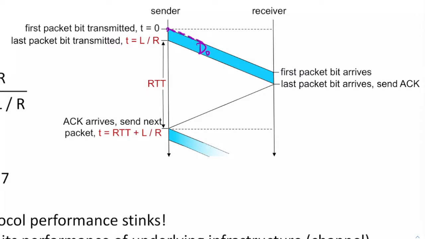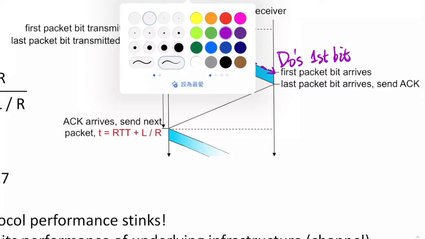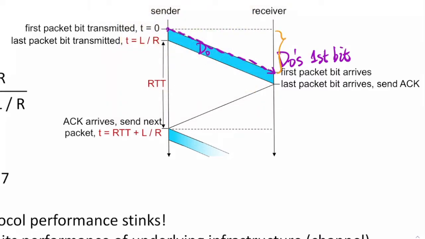This dotted purple line is D0's first bit. It needs to propagate along the transmission link and will be received by the receiver. So this part, we can say, is the propagation delay.